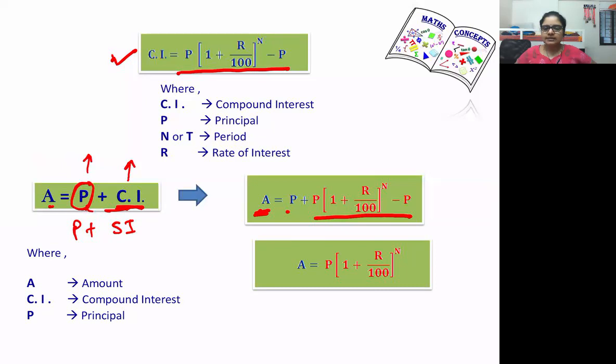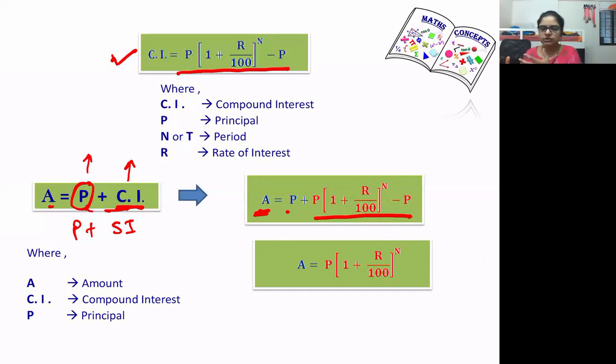Now, we already discussed what is amount. Amount is something that the lender gets at the end of the period. So, what does the lender get? He gets principal plus whatever interest is there. If the lender would have put the condition that you can give me simple interest only, no need of compound interest, then the amount the lender would have got is principal plus simple interest.